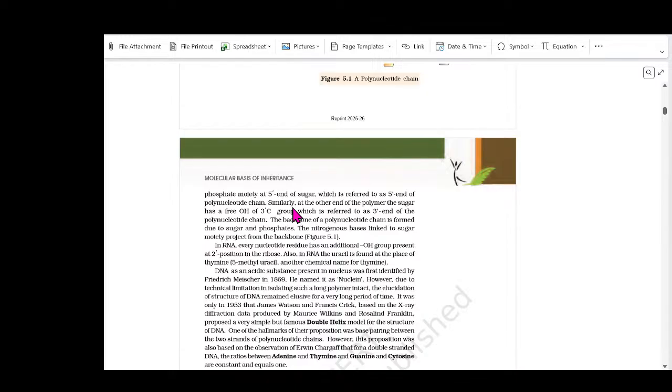Similarly, at the other end of the polymer, the sugar has a free OH of the 3 prime carbon group, which is referred to as the 3 prime end of the polynucleotide chain. The backbone of a polynucleotide chain is formed due to sugar and phosphates. The nitrogenous bases linked to the sugar moiety project from the backbone.